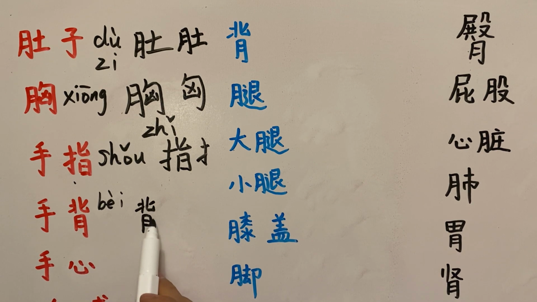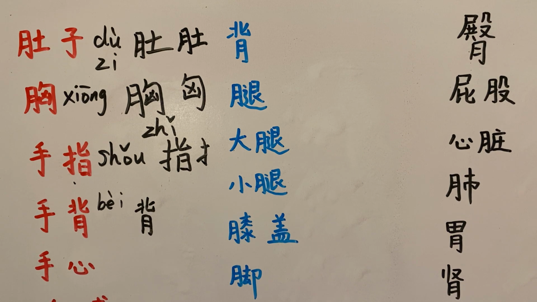The lower part indicates it has something to do with your body, 月 in ancient Chinese. And the upper part, 北, the north, indicates that this character's pronunciation is something like 北, but it is a fourth tone, 背, back.